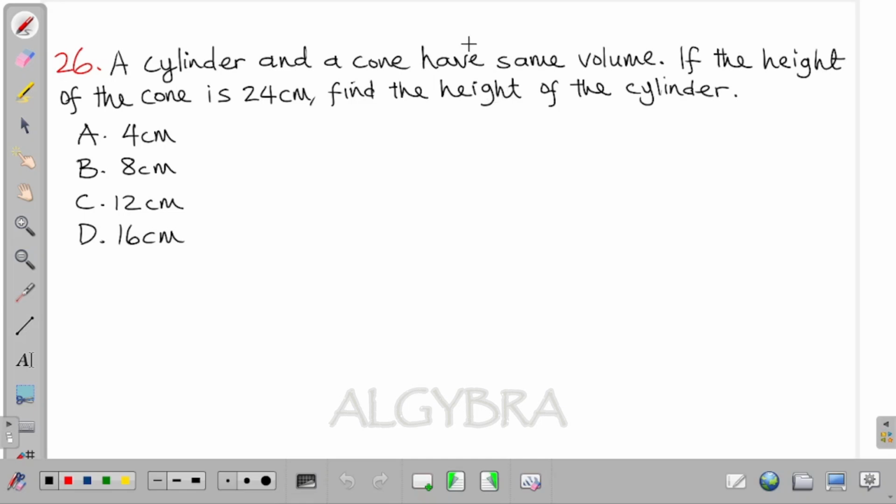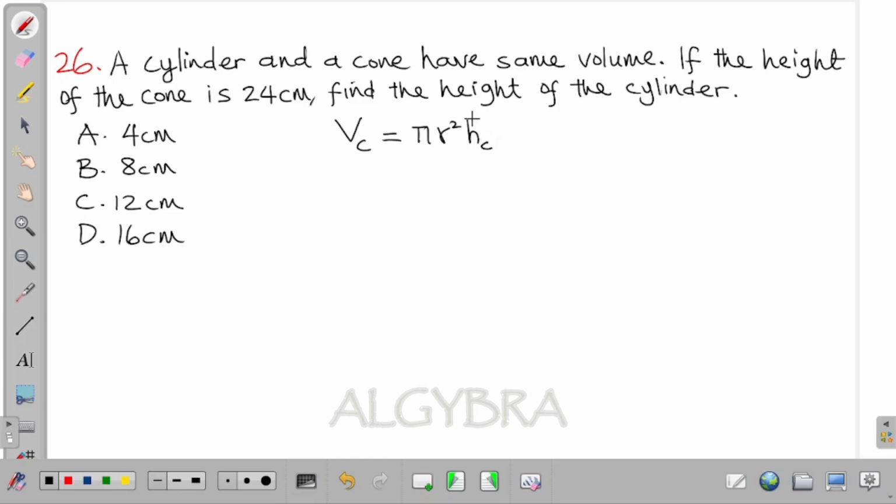To solve this problem, we are going to use the formulas for the volume of a cylinder and that of a cone. We are going to equate them together because from the question they both are equal. So the volume of a cylinder, let's call it Vc, is equal to pi r squared hc.